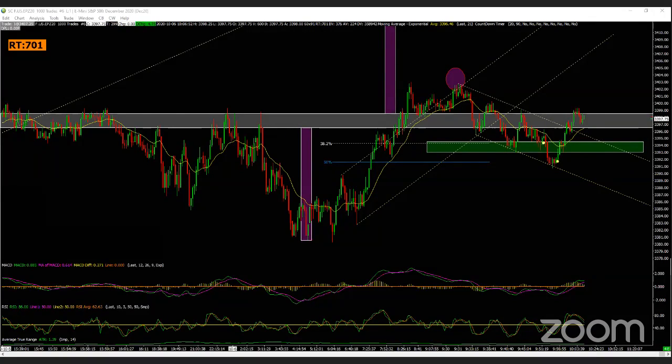Oh, back into our range. So maybe this here was not a channel, but it was just a pullback. This right here should be a range.